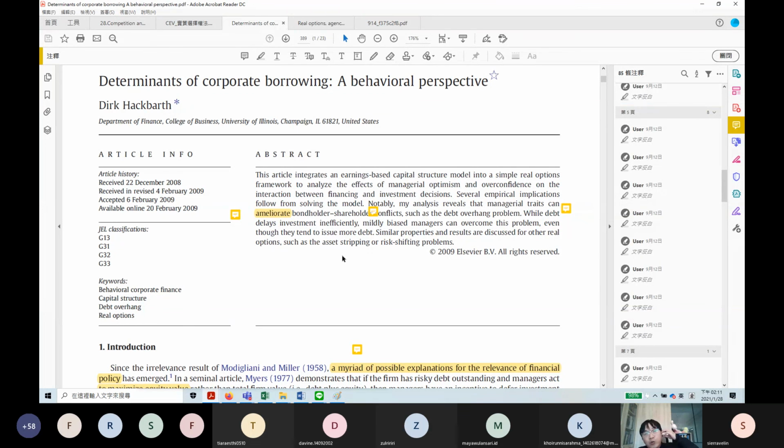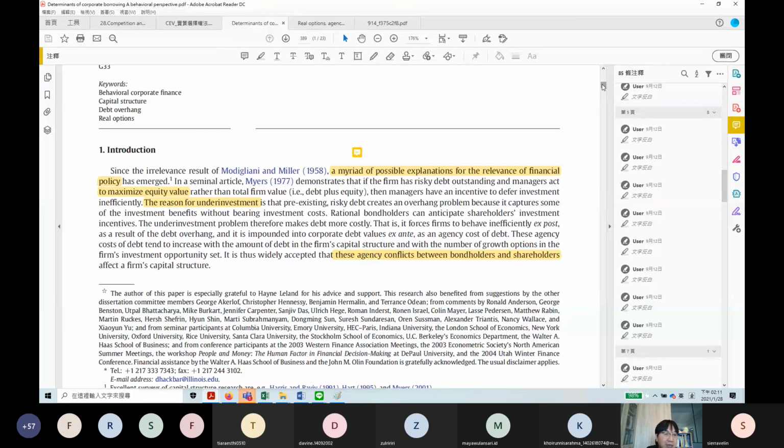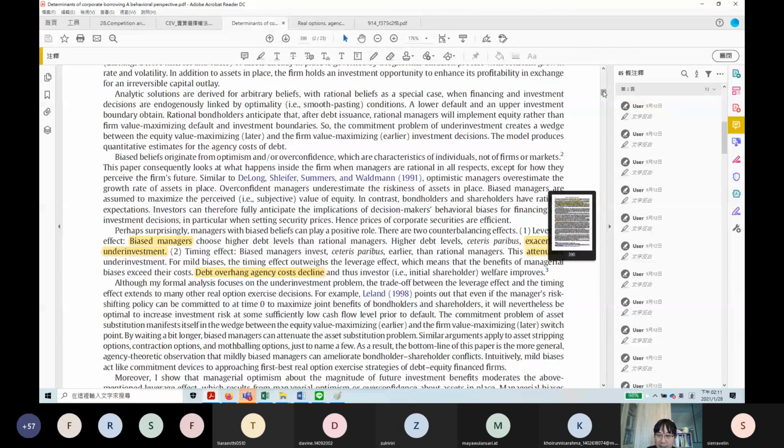So how do we use parameters to stand for managers' overconfidence and optimism? In this paper, they use the expected return and the risk standard deviation. So you can check that. You can find it is an interesting paper.